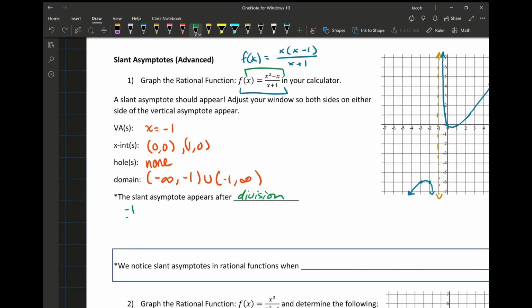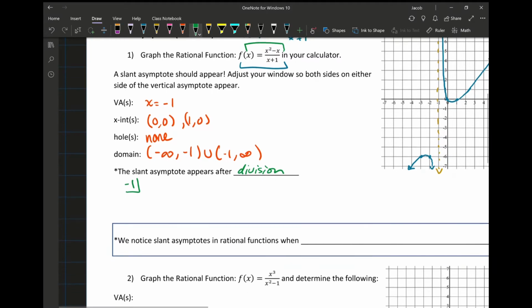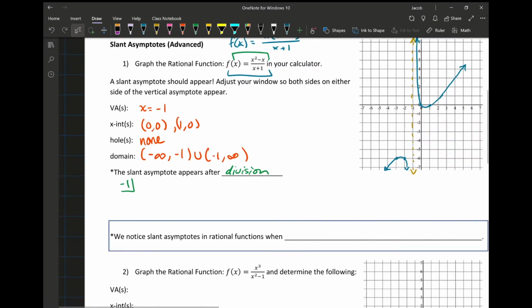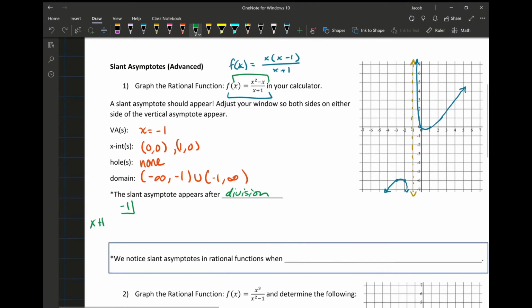So I'm going to use my -1 that I know is the 0 of my denominator. Remember, if your factor that you're dividing by is x plus 1, then what you want to divide by in synthetic division is -1, the number that makes that 0. So now I can write my coefficients of x squared minus x, so that's 1, -1.